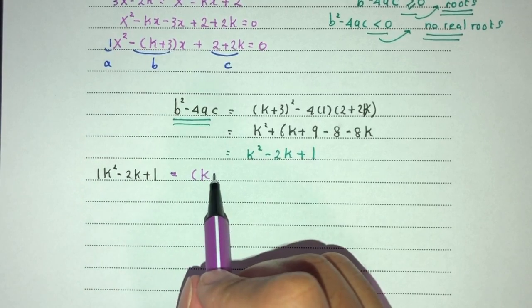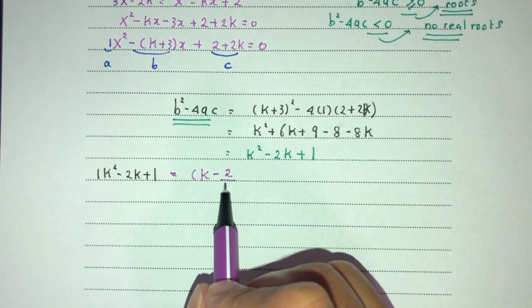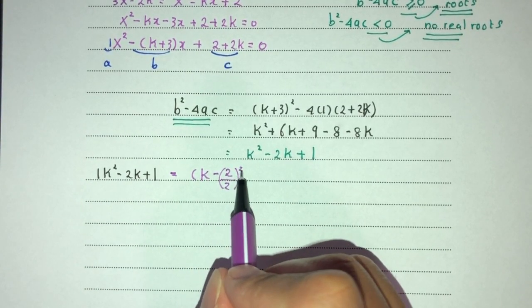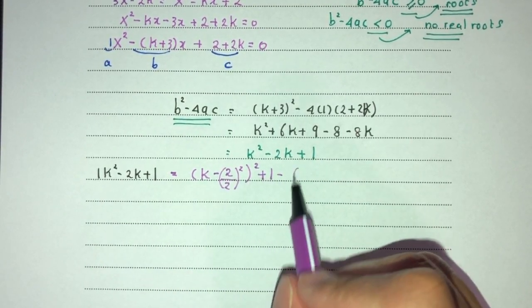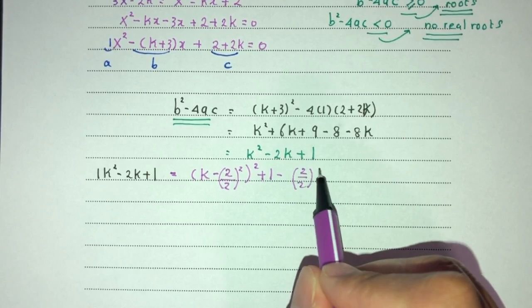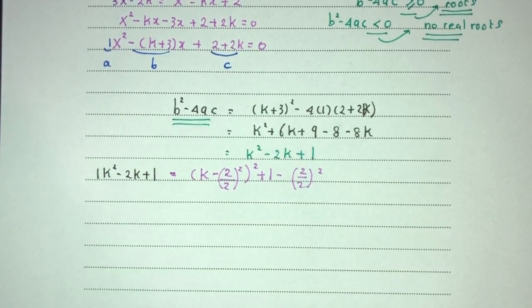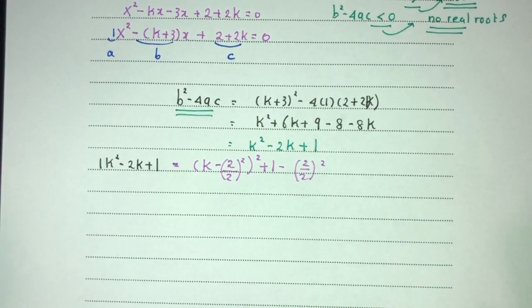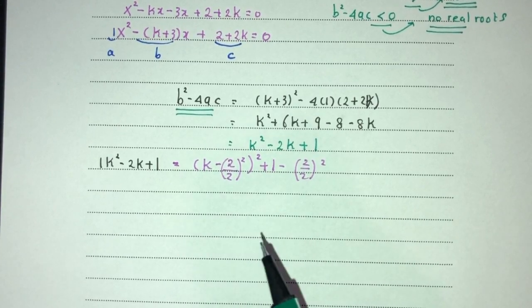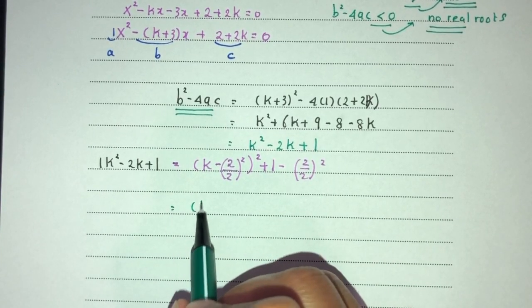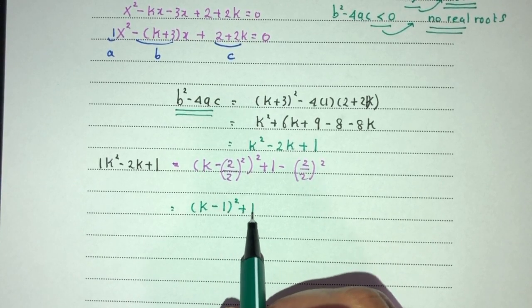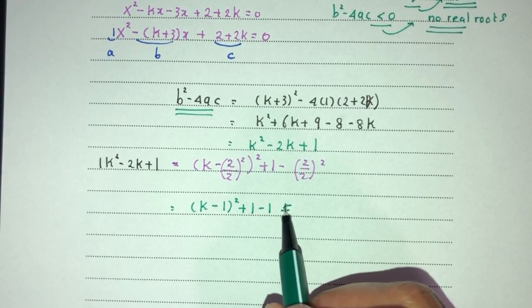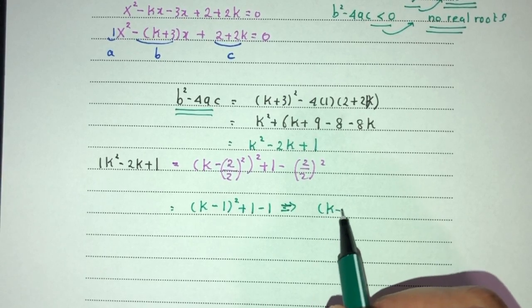Here we have minus 2, we'll write minus 2, divide by 2, square. Square this, plus the value in the back, and minus the same value over here. Here you go. So this is how you will complete the squares. Again, this is just one of the ways we do that. There's other ways I can show you guys as well. That should be k. 1 squared is 1, so minus 1, plus 1 minus 1. So this will become (k minus 1) squared.